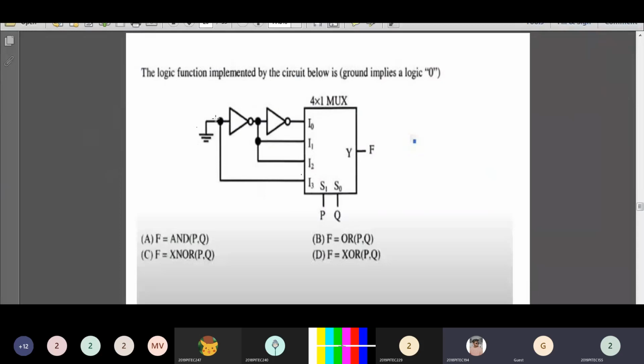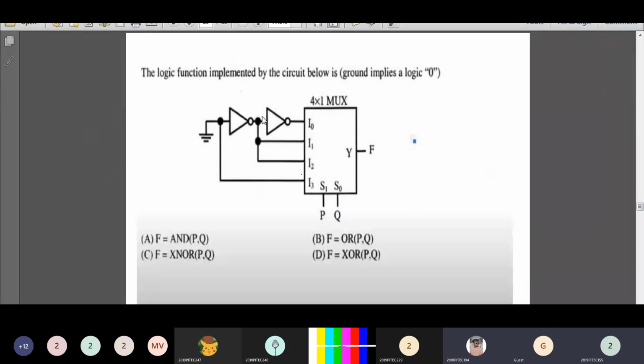The input of the first NOT gate is connected to ground, so the input is 0 and the output will be 1. The output of the first NOT gate is 1, that is connected to the input of another NOT gate. So now the input of the second NOT gate is 1, so the output will be 0. That 0 is connected to I0, so your I0 value is 0.